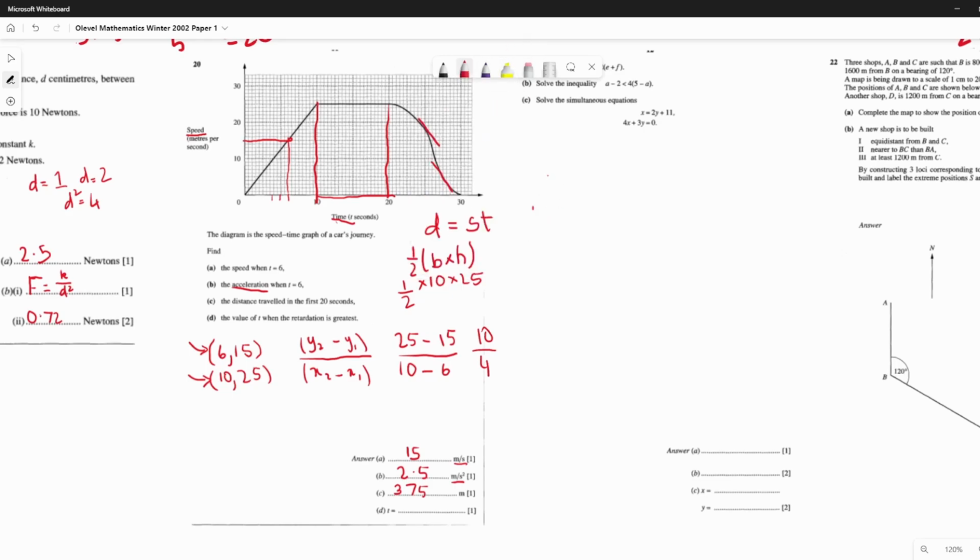When you have a curve like this or a curve like this, the slope at the turning point basically becomes nothing, because at that point it's turning.